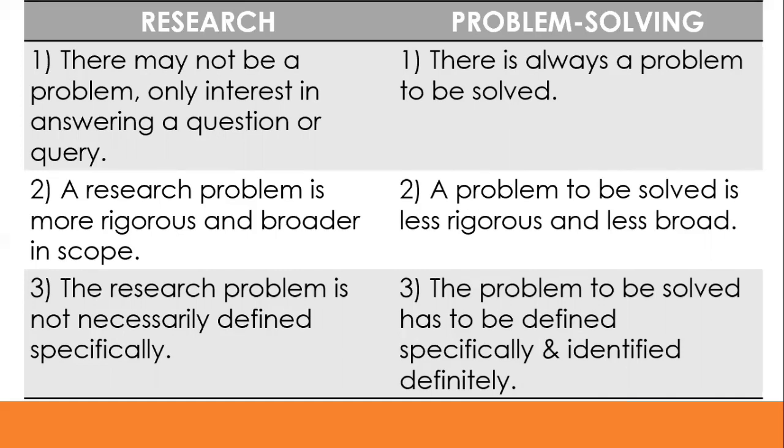Another difference, in research, a research problem is more rigorous and broader in scope. On the other hand, in problem solving, a problem to be solved is less rigorous and less broad. Okay? The next difference we have, the research problem is not necessarily defined specifically, but on the problem solving side, the problem to be solved has to be defined specifically and identified definitely.